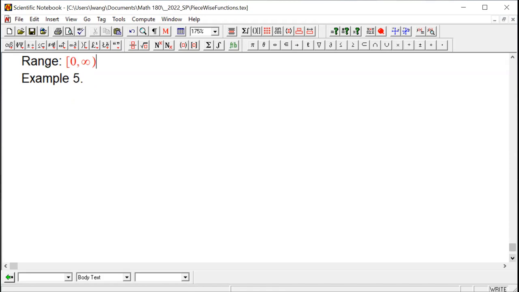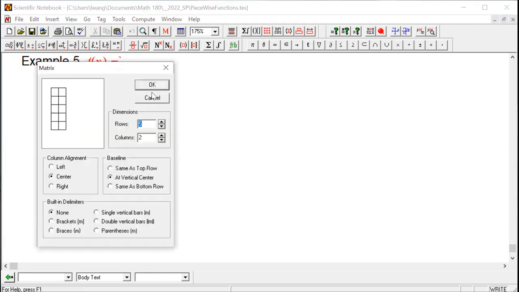Now let's look at example number 5. This function, which I copied from a calculus text, goes like this. It equals, there are 3 pieces, 2 columns and 3 rows.